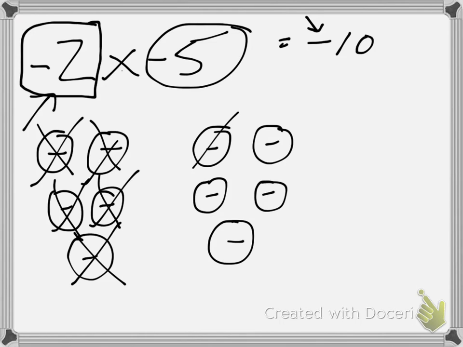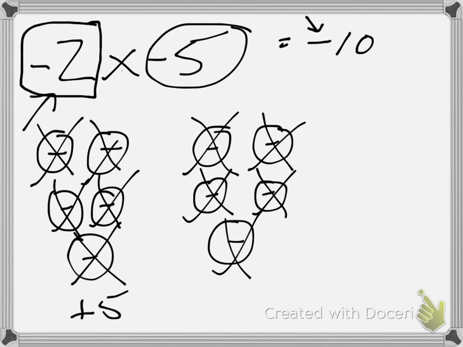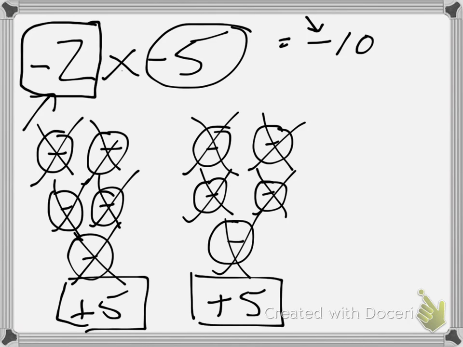And then if we take away the second group of 5, we've improved by 2 groups of 5 in total. So we subtracted what we owed, and we ended up adding money to our situation, which gave us a positive 10 instead of a negative 10.